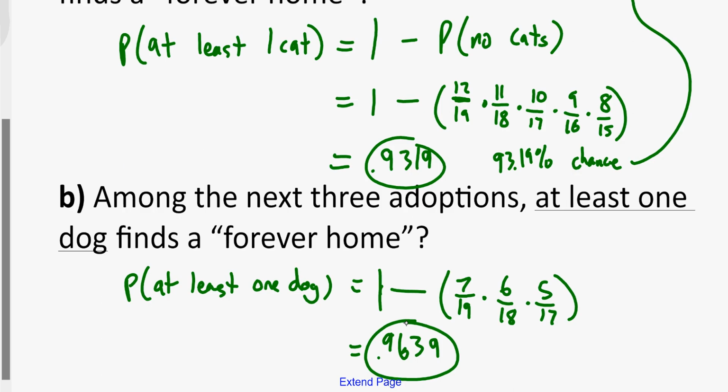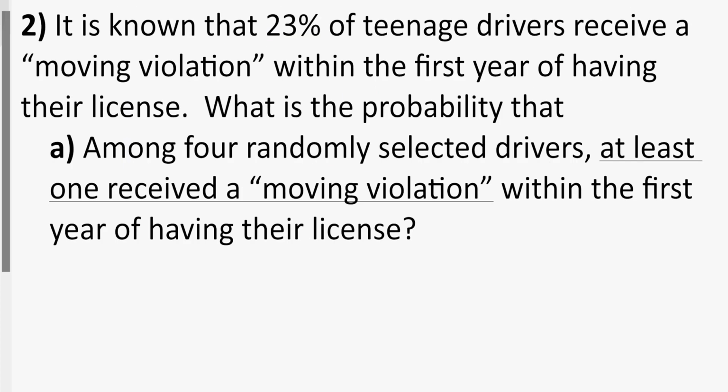Again, that's a 96.39% chance I'm getting at least one dog in the next 3. All right? Let's look at a second example. Did you know that it's known that 23% of teenage drivers receive a moving violation? That's just some sort of speeding violation or a non-parking violation within the first year of having their license, which means 77% don't. So among 4 randomly selected drivers, find the probability that at least one received a moving violation within the first year of having their license.